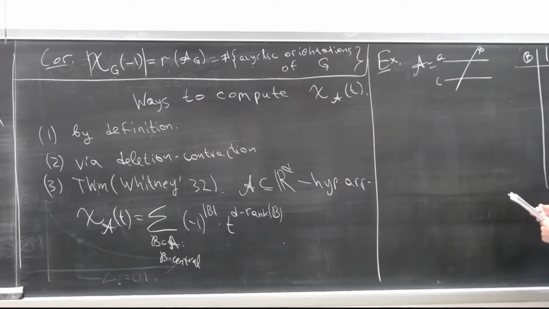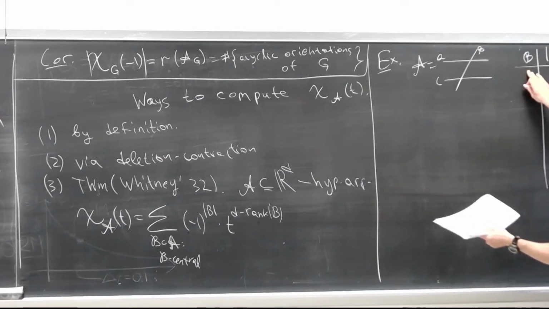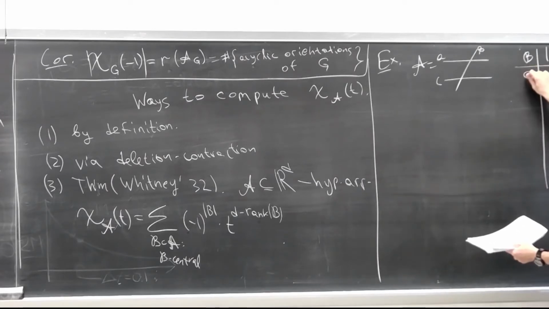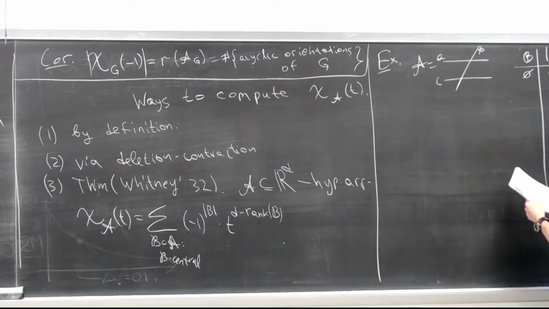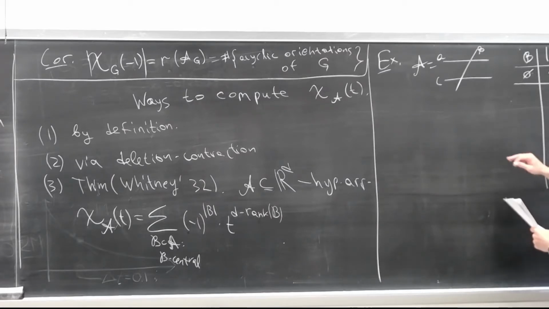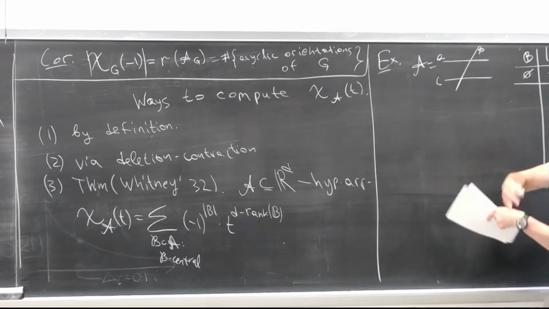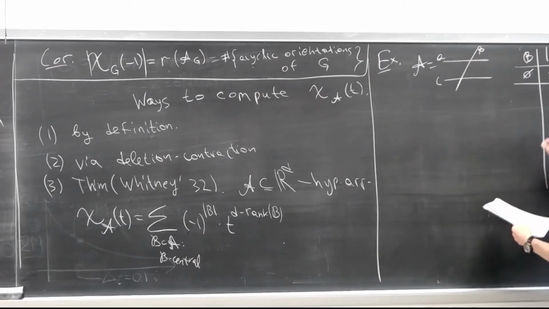All right, so the first element in the sum, which is formally included there, is the empty subarrangement. The empty subarrangement has size 0 and rank 0. Then t squared, since d is equal to 2. Okay, what are the central subarrangements of size 1? Each individual hyperplane. Remember, central means the intersection of all hyperplanes is non-empty.